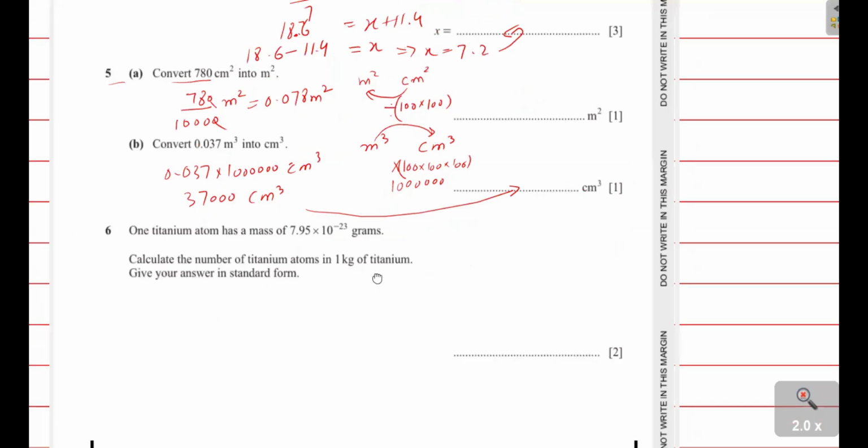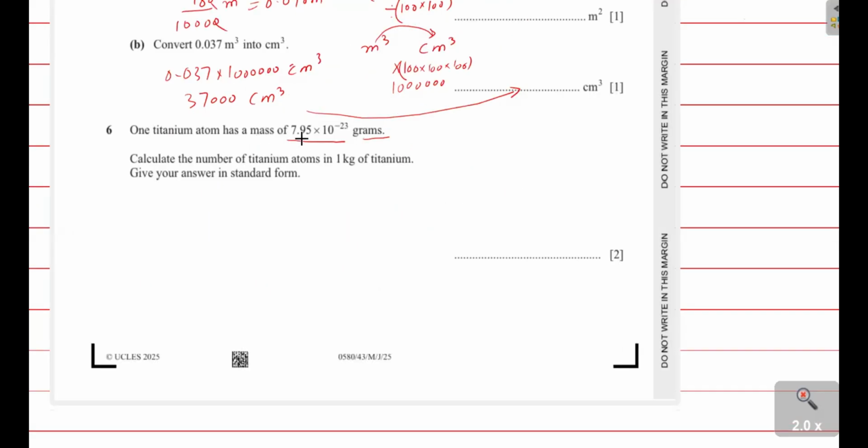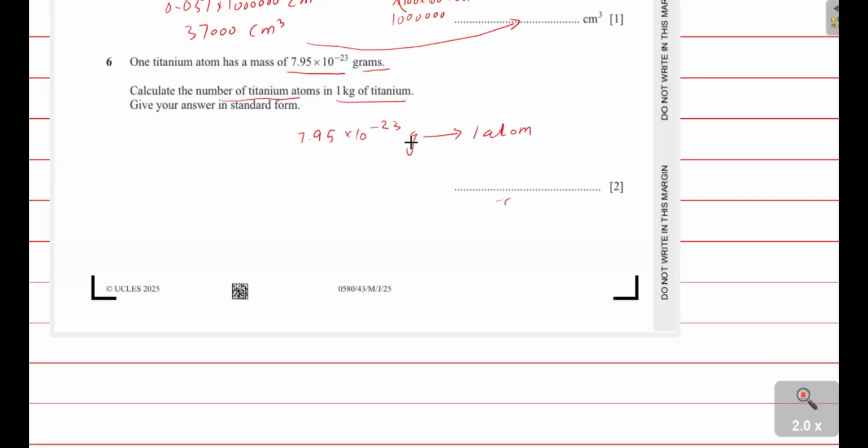Question number 6. One titanium atom has mass 7.95 into 10 power minus 23 gram. Calculate the number of titanium atoms in 1 kg. Look here, 7.95 into 10 power minus 23 grams is the mass of 1 atom, and we have to calculate the number of atoms in 1 kg.